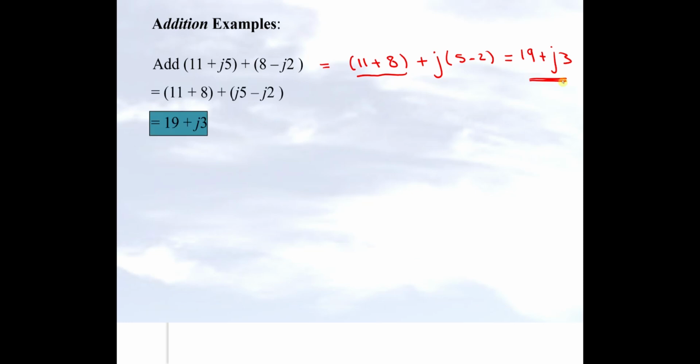So this would be the result of adding these two numbers together. Okay, let's have another example. I'd like to add these two numbers. Even though they are not explicitly written in one of the popular formats, you can recognize that here I have the square root of a negative number, and we know that the square root of a negative number is an imaginary number.